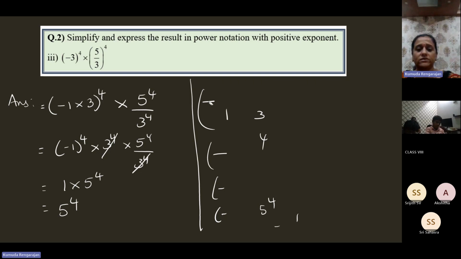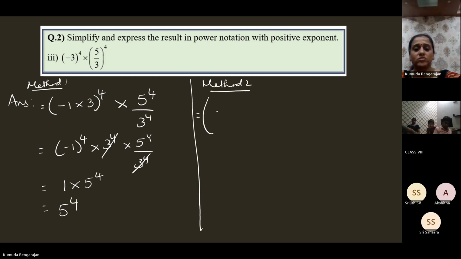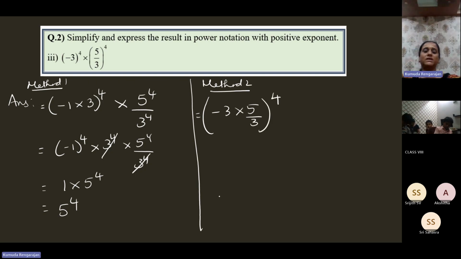You can also do it like this. I'll just work it again. So using the rule that when bases are different but the power is the same, you can multiply the bases and raise it to the same power. So 3 and 3 cancel, and we have minus 5 to the power 4.